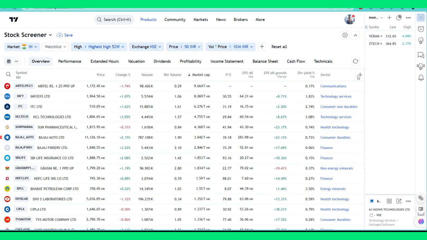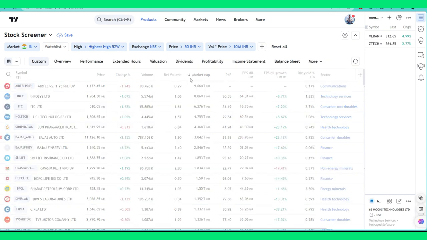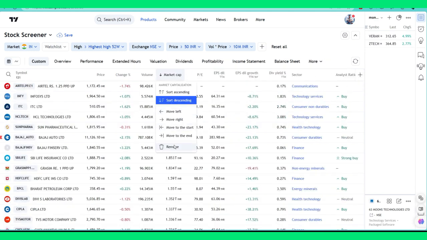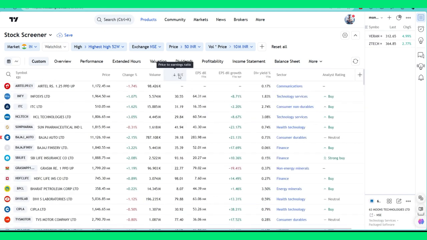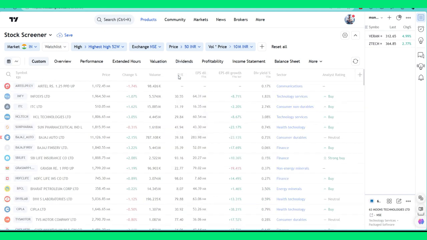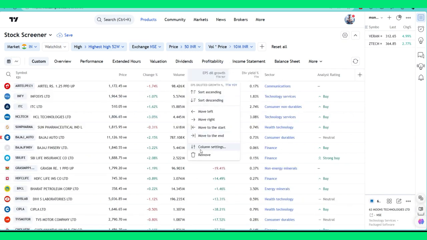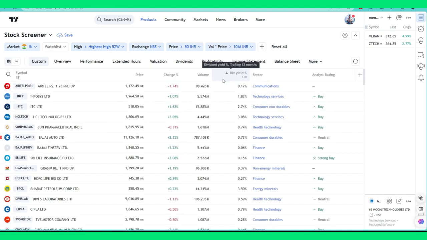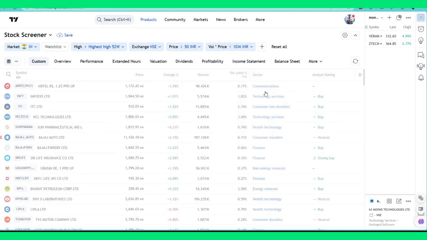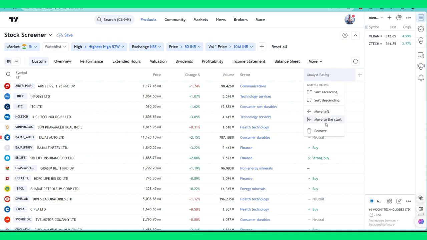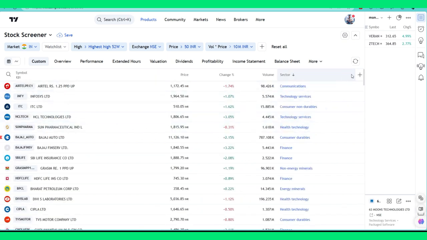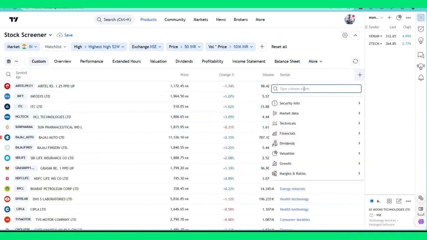Okay. Now let's also put in some sensible columns for us. We want the volume, we don't want relative volume. Remove. Let's have the sector. We don't need analyst ratings. So to this, let's add a section of performance.